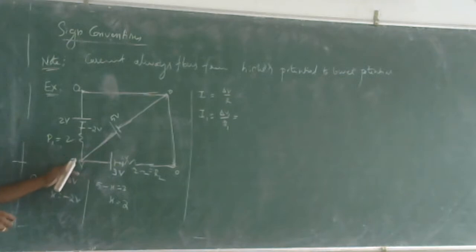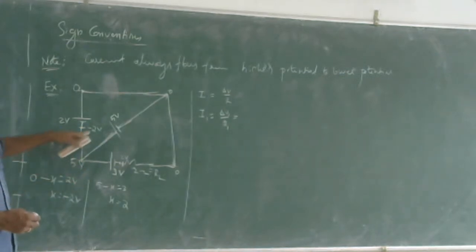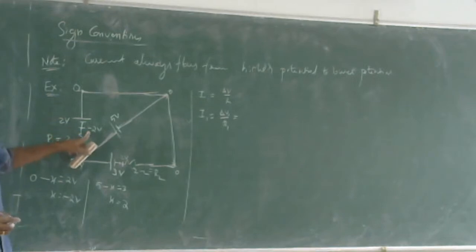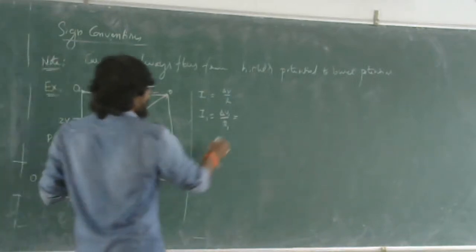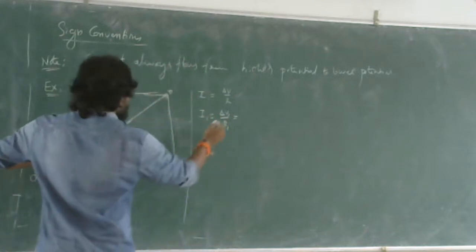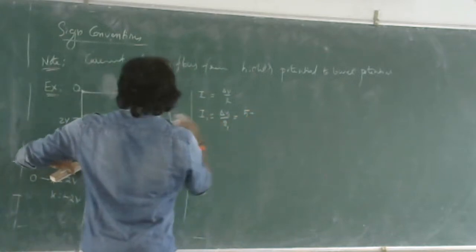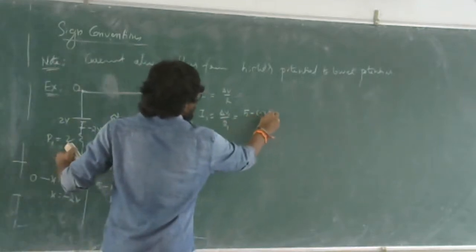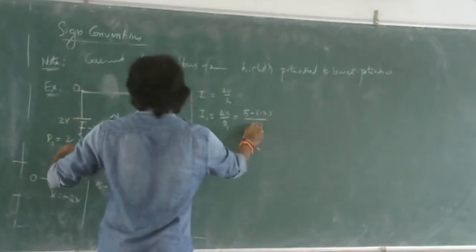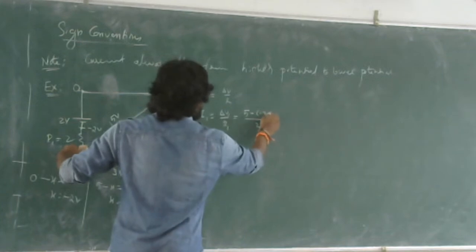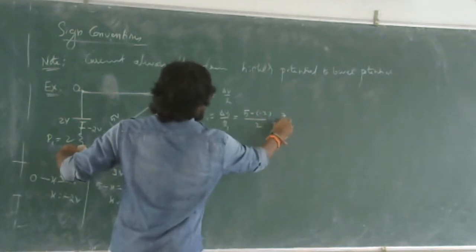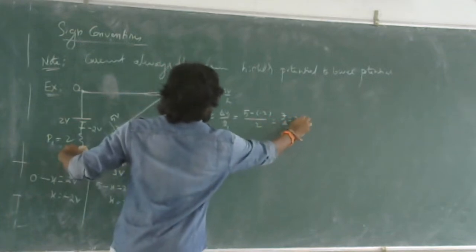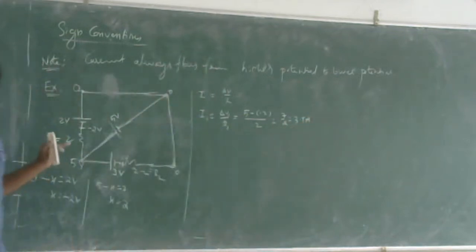Are you getting this? Yes or no? So what you have to take is higher minus lower. Higher is 5, lower is minus 2, so 5 minus of minus 2 by the resistance, which is 2 ohm. So 5 plus 2 is 7 by 2, which is equal to 3.5 ampere. Is it clear everyone?